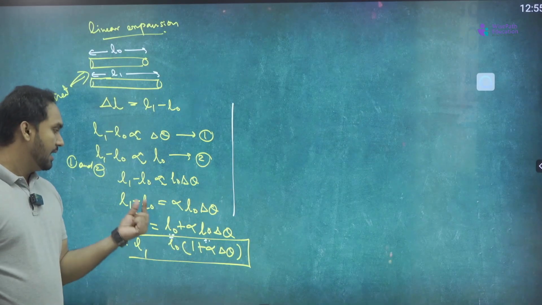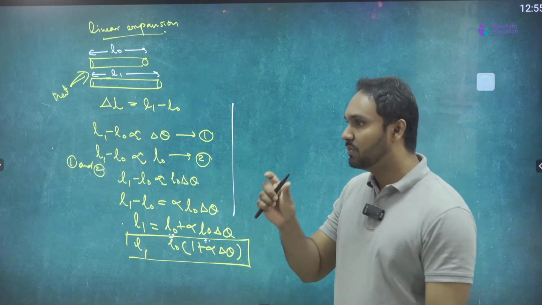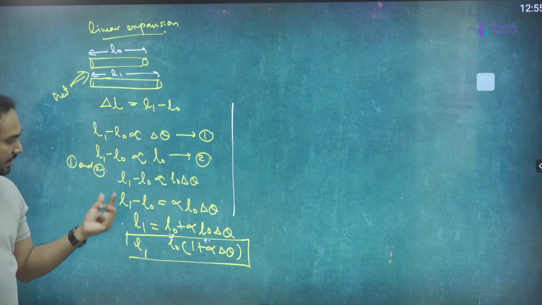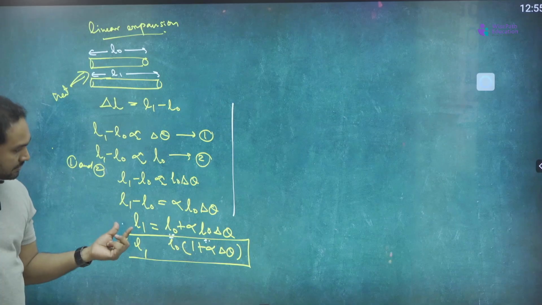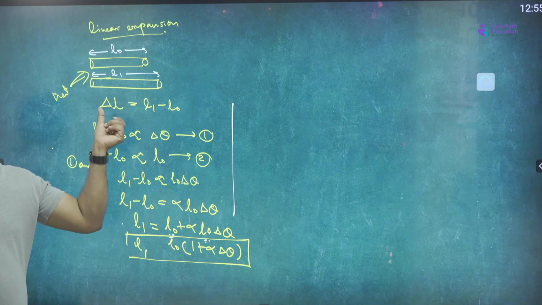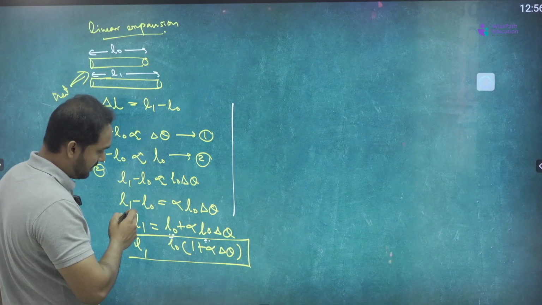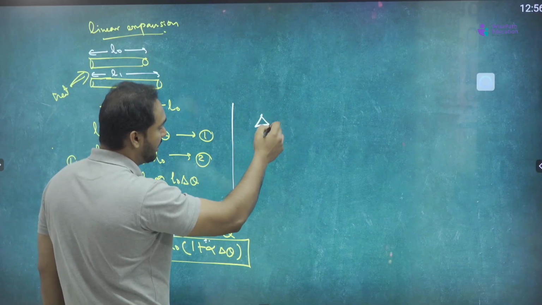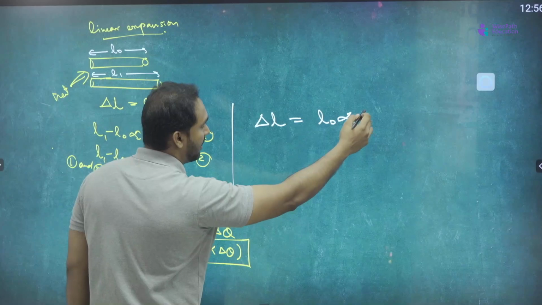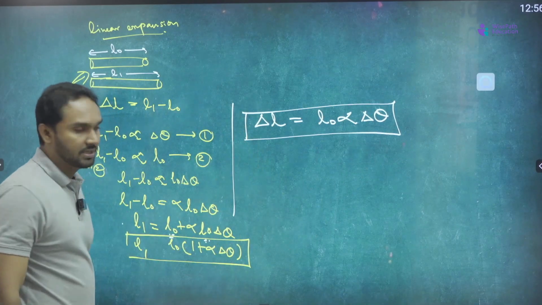If I want to find the amount that expanded, that is delta L. Instead of L1 minus L naught, if I apply delta L, then delta L equals L naught alpha delta theta. This is also one of the equations you have to know.